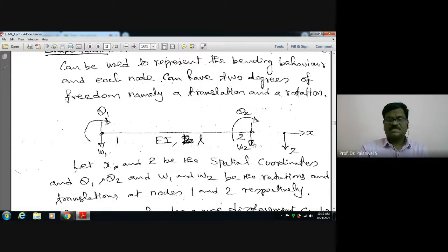Clockwise theta 2 rotation. See, I have chosen here x. The downward is z. My y is perpendicular to the monitor, but in which direction? Whether y is towards me or away, inside the monitor. The positive y axis is directed perpendicular to the monitor, but inside the monitor. How? You take a right-handed threaded screw, keep it at the top, and turn it from x to y.